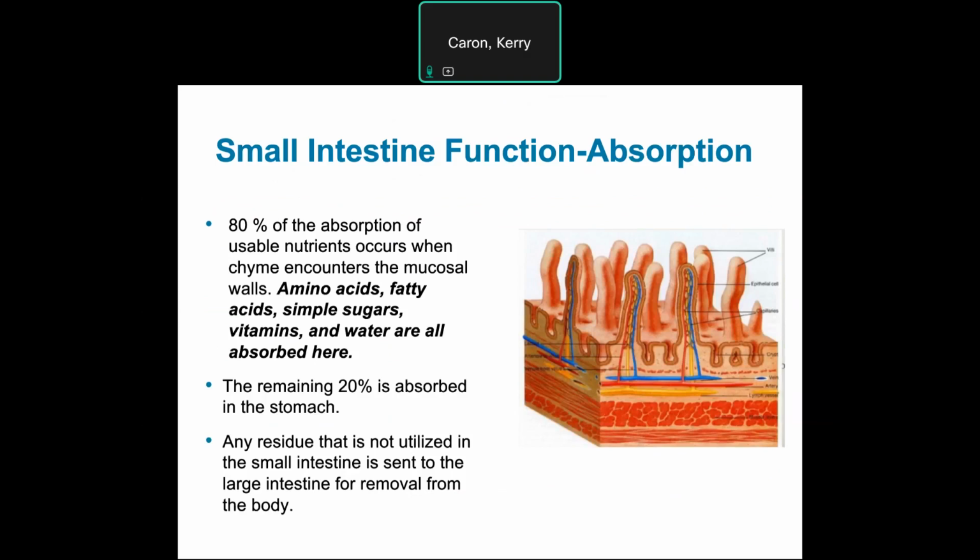Amino acids, fatty acids, sugars, vitamins, water, all absorbed here. The remaining 20% is absorbed in the stomach. So not a lot of absorption happens in the large intestine. Any residue not utilized, any waste product, is now going to be moved down to the large intestine for removal.